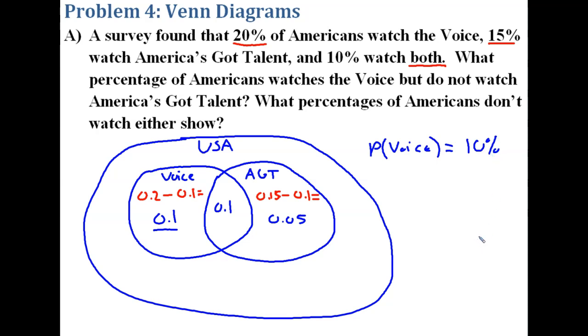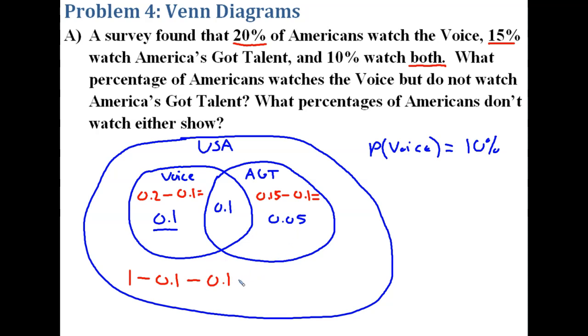Okay, second question we want to answer is what percentage of Americans don't watch either show? So in other words, what probability is left on the outside of these pieces? Well, to calculate that, we'll take a 1, as in 100% of Americans, and subtract each of these parts. The people who watch just The Voice, so minus 0.1. The people who watch both, so minus another 0.1.